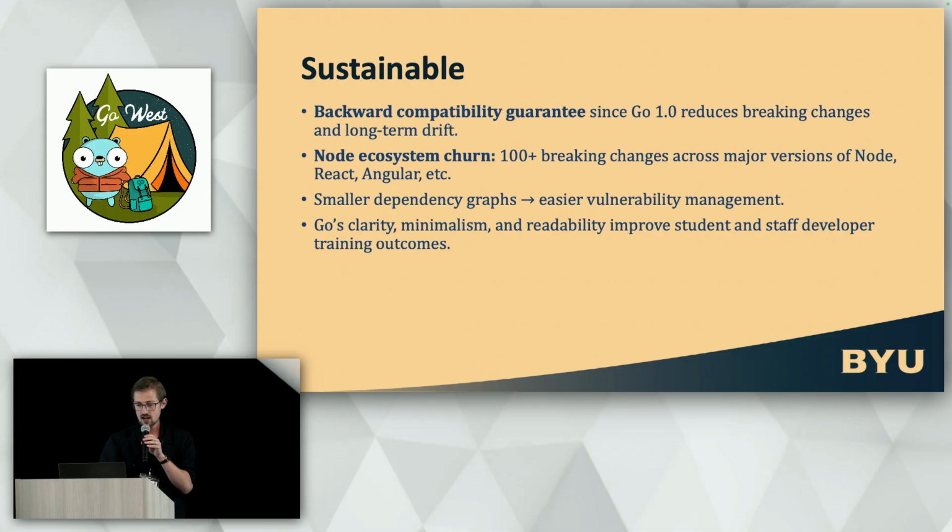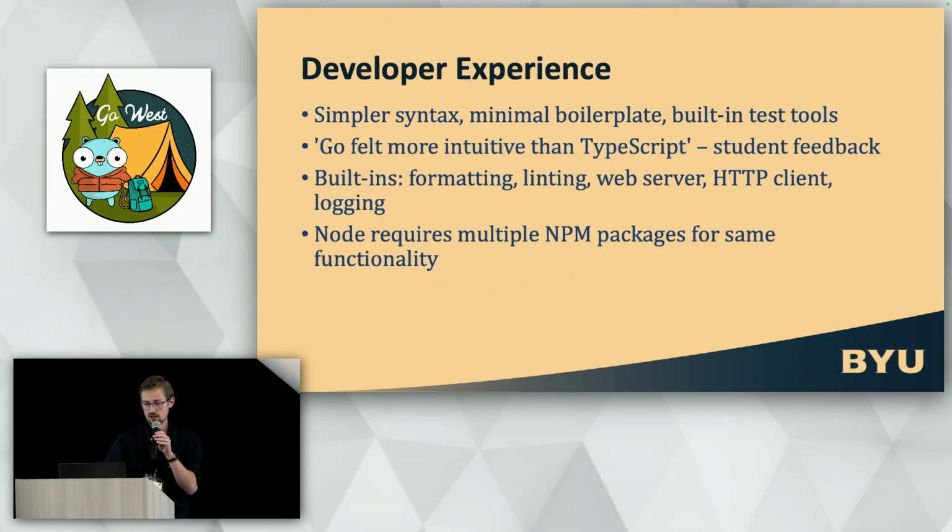Smaller dependency graphs, Go's clarity and minimalism makes it easier to read and easier to onboard new students. We have a lot of student hires at OIT, or Office of IT, and so we have better training outcomes because we're more consistent in how we develop Go code.